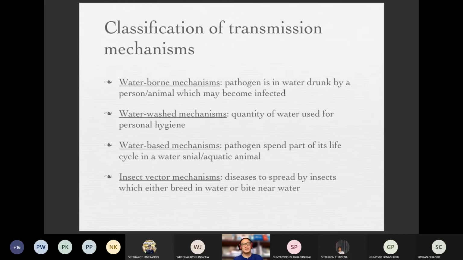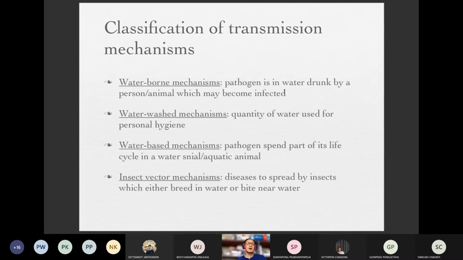So basically, the pathogens spend part of their life in water snails or aquatic animals. That is why if we eat these organisms without cooking properly, we could get the disease. The disease transmitted by this mechanism, we normally call the water-based mechanism.